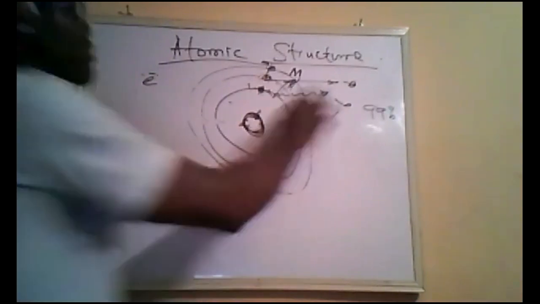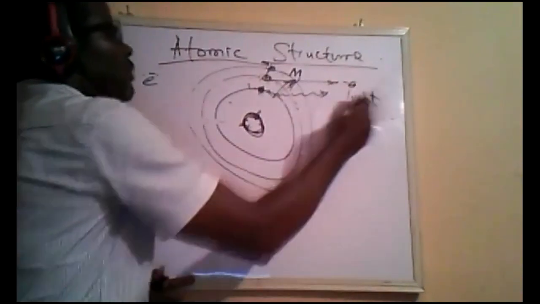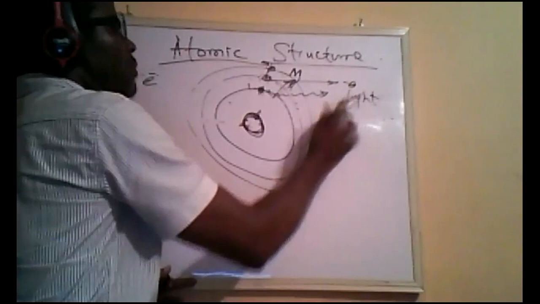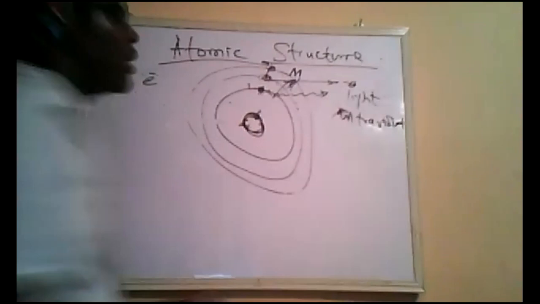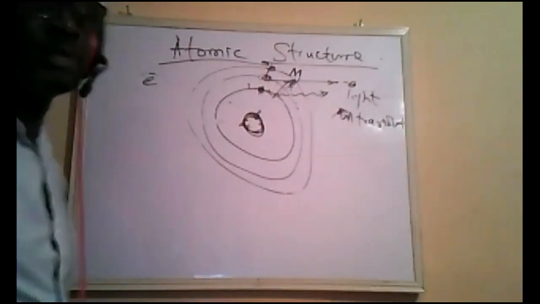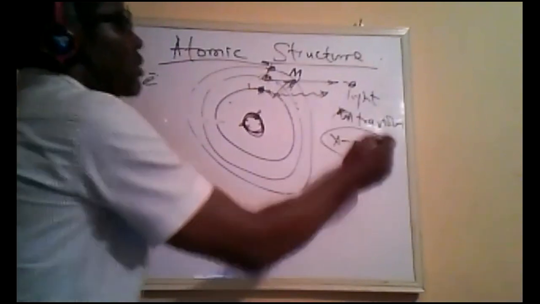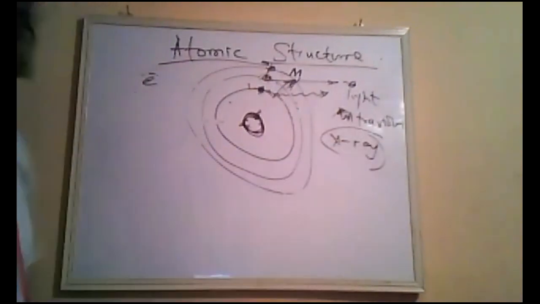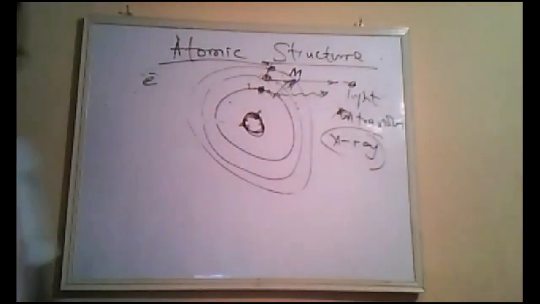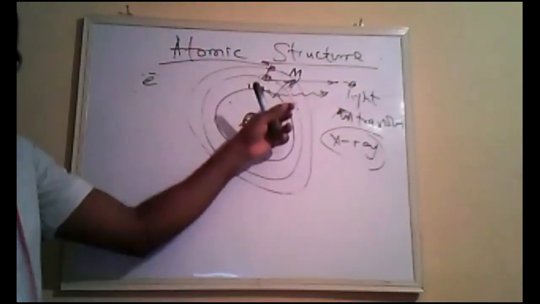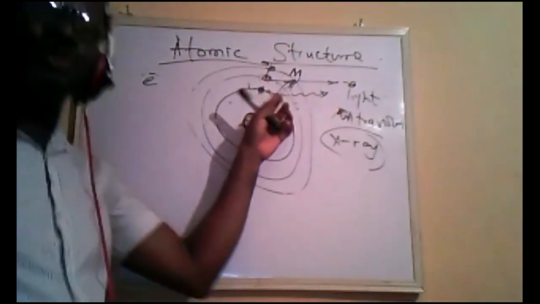It has to emit electromagnetic radiation in the form of light, ultraviolet, or characteristic X-ray. But our major focus is on characteristic X-ray because these two wouldn't be able to penetrate the body well and be detected by the detector.